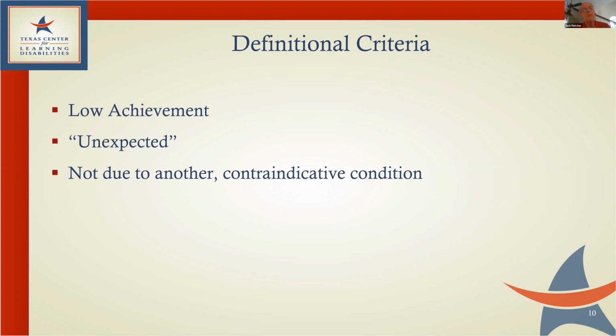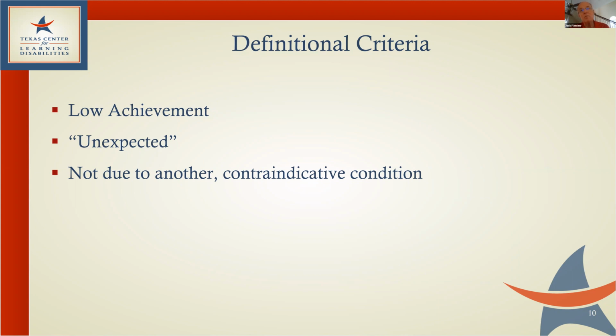There are three of them. One is absolute low achievement. Kids need to be behind other kids in learning to read, write, or do math. It needs to be unexpected, meaning that the kid ought to be able to learn, because most kids do learn to read, write, and do math, and there has to be a reason that it's unexpected.